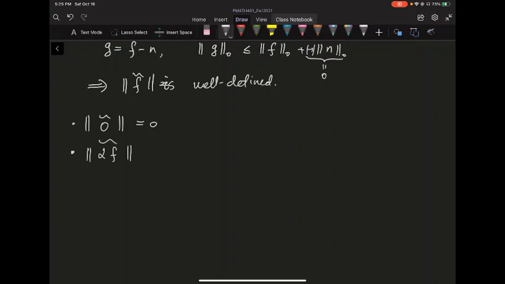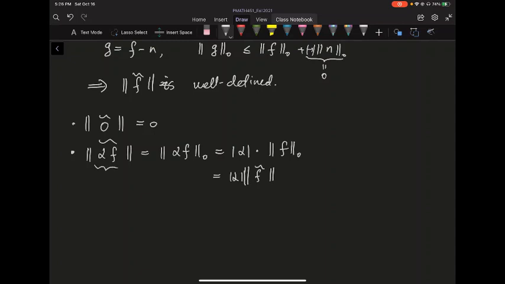By definition, I pick one representative, so I can simply take alpha f, and that's the semi-norm of that. I can pull the alpha outside, and I have the semi-norm of f. And now the semi-norm of f is just equal to the norm of f tilde. So this is what we have.